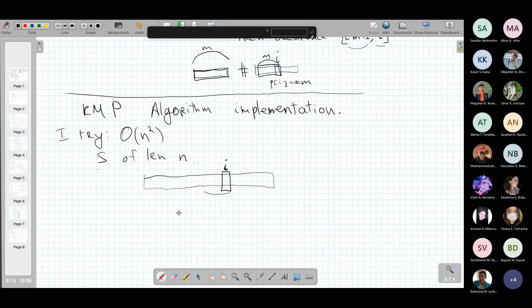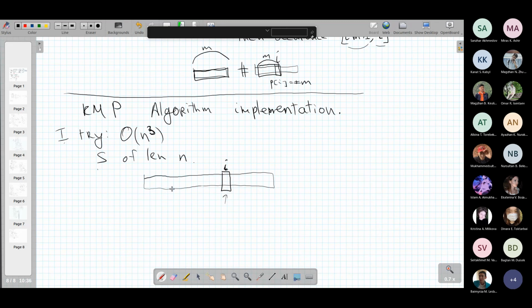Actually, I don't know how to do that in n square time. We can do that in n cube time. The easiest one is the n cube, right? So we fix position I. For that position, I want to calculate the prefix function.